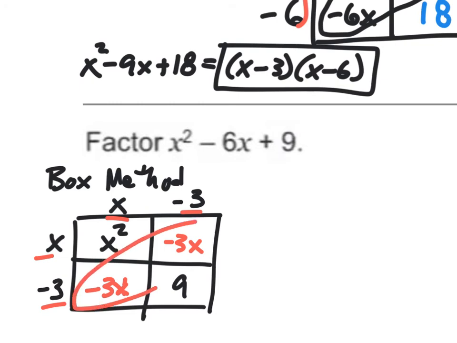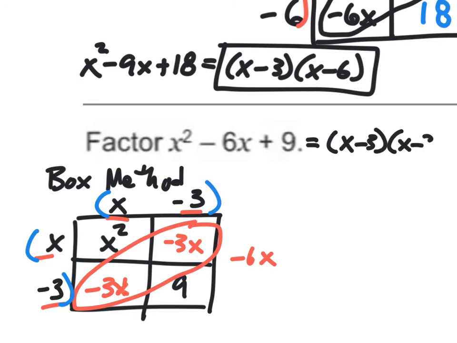And if I add those two together, that's going to give me -6x. And that's all I care about, because then I have factored my trinomial, okay? So x squared minus 6x plus 9 factors to x minus 3 and x minus 3. And actually we can say that that's x minus 3 quantity squared.